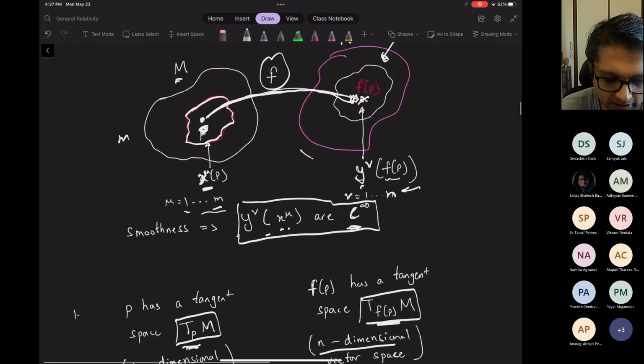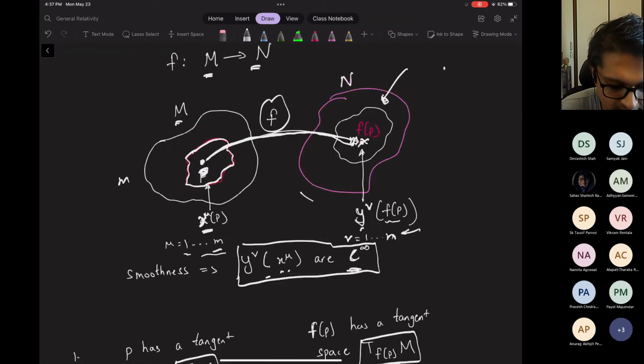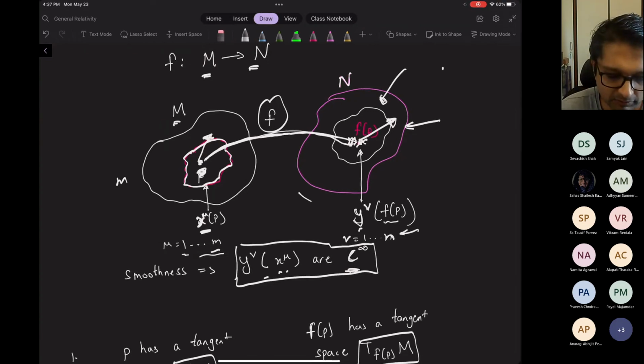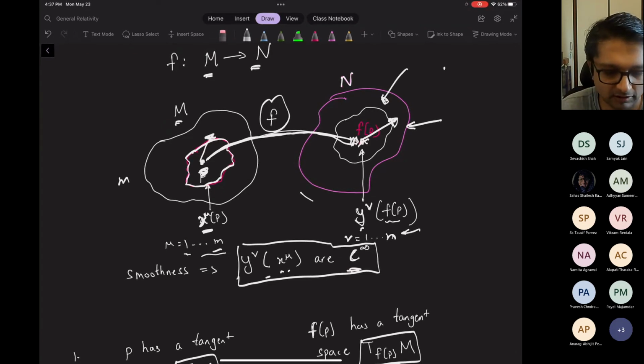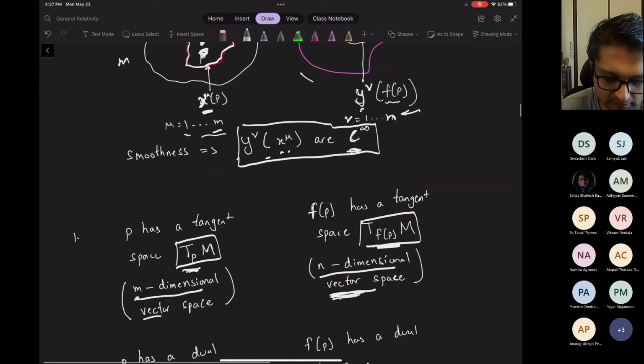So the claim is that this F induces a map. That means given a vector here, I can map it to a particular vector in the vector space at this point in N. So there is a map between the vector spaces, taking me from a vector in this space to a vector in that space.